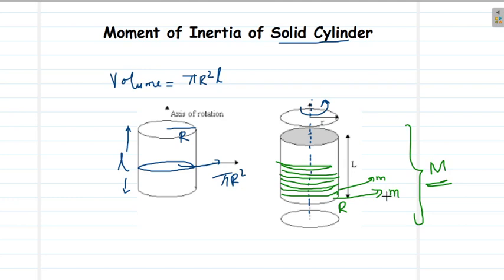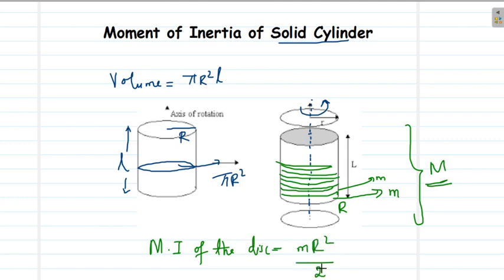So in the case of this disc, as we have already calculated, when you rotate the cylinder, each disc will be making rotations, and the moment of inertia of this disc is given by m r square by 2.